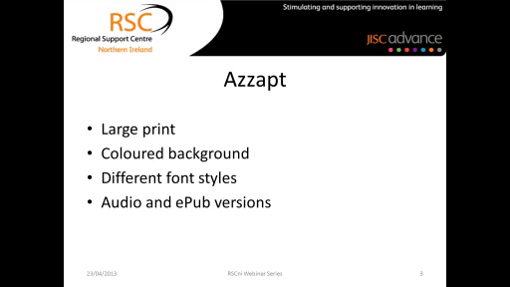So Azzapt allows you to change the size of your print so you can make it larger. It allows you to change your background colours, change to different font styles, and you can have audio and EPUB versions of your files.